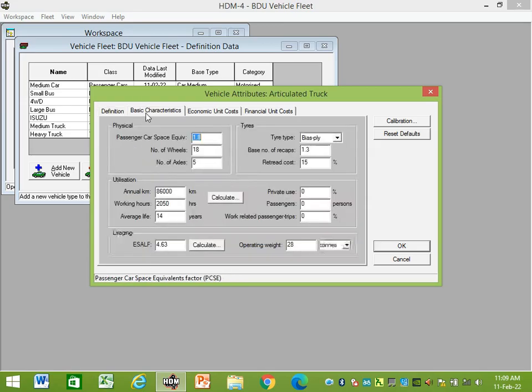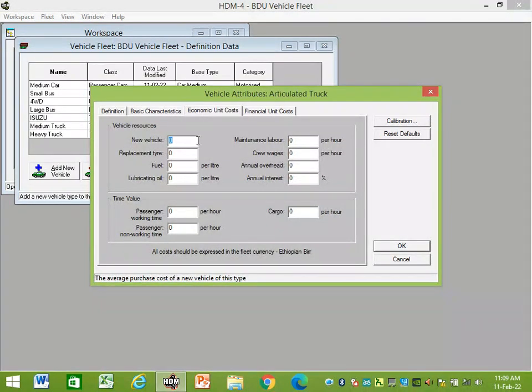Articulated truck, constant life. Basic characteristics. You can take it as it is, even the ESAL factor and overweight. You can take it the way it is. Basic characteristics is okay.